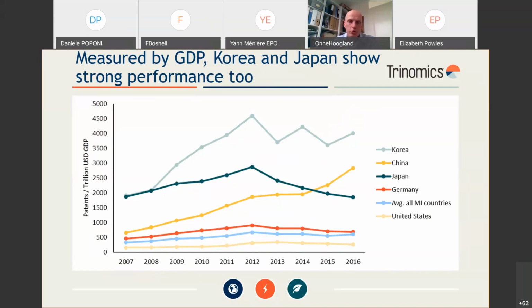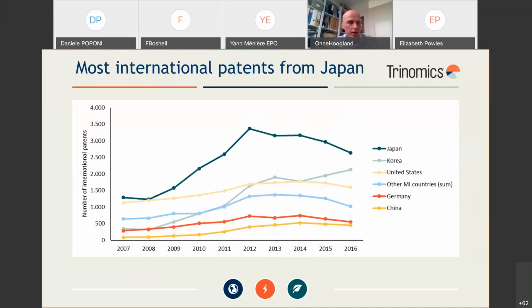If we then transition to international patents, so patents that are filed abroad, and we exclude all the domestic applications, then the picture changes again. So this is not scaled by GDP anymore. Here we only look at the absolute number of international patents. And we see that Japan is doing very well, is responsible for most of the applications, followed by Korea and the United States.